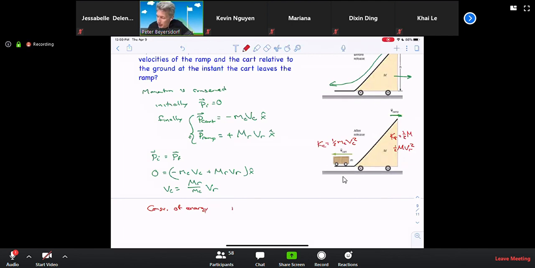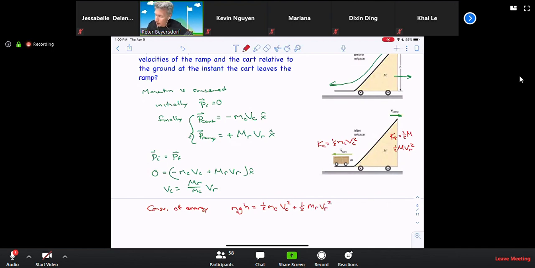And so here I have mgh being the initial energy, and then 1/2 the mass of the cart times its velocity squared. That's the kinetic energy the cart has when it shoots off at the bottom. And the kinetic energy that the ramp has is 1/2 times the mass of the ramp times the velocity of the ramp squared.